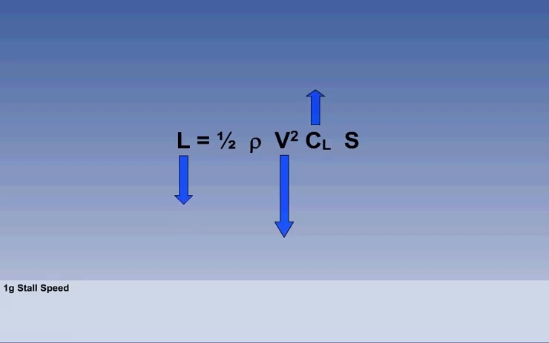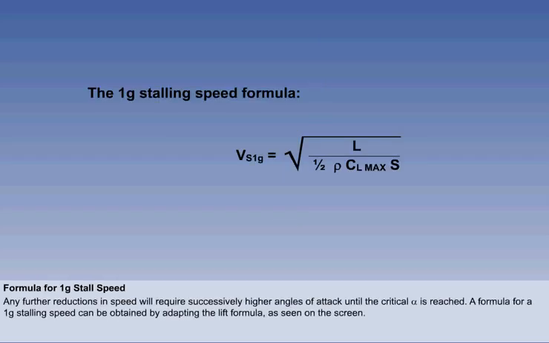So, to keep lift constant and maintain 1G flight at a reduced speed, CL must be increased by flying at a higher angle of attack. Any further reduction in speed would need a further rise in angle of attack, with each succeeding lower CAS corresponding to a greater angle of attack.